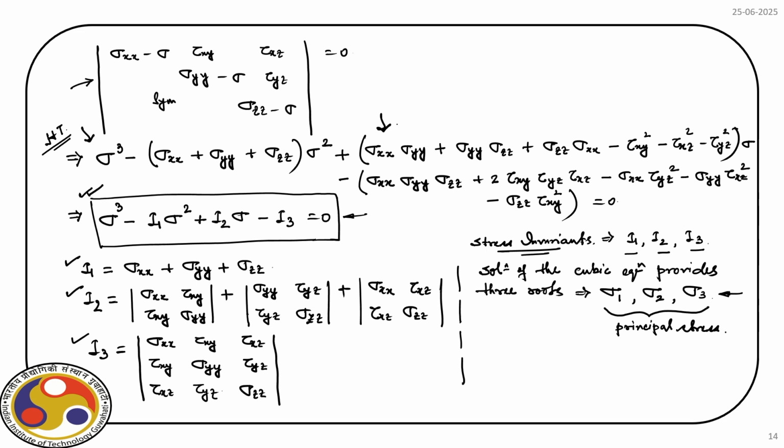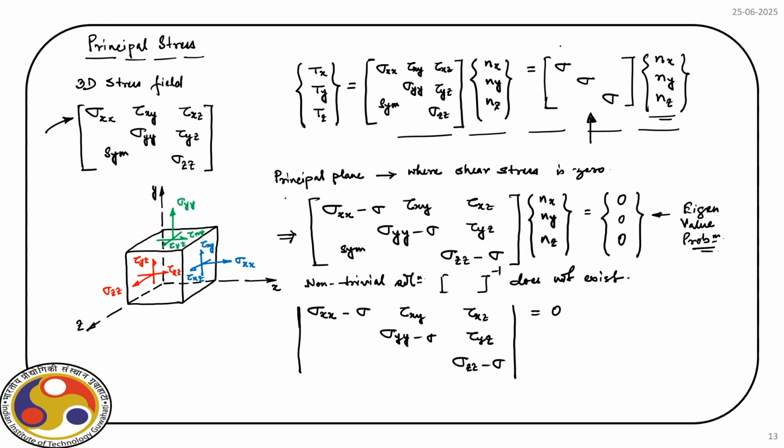Now, for each of them, if we consider say sigma 1, then we can put it back into the previous equation. If you look at this equation, in place of sigma, we can now put the value of sigma 1, and then corresponding to this sigma 1, we can find the direction cosines.